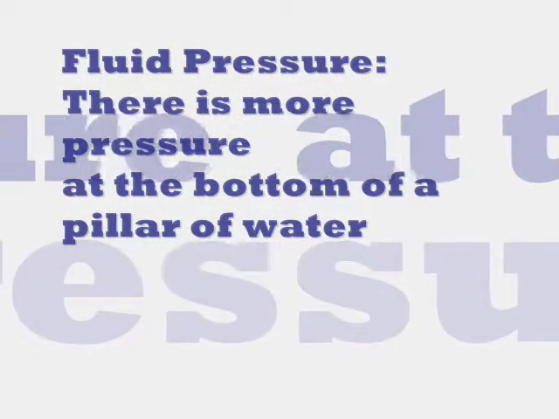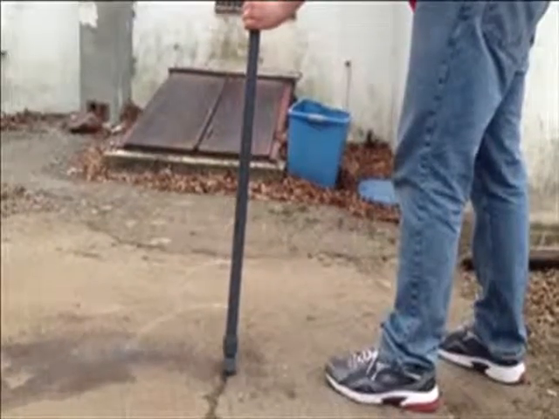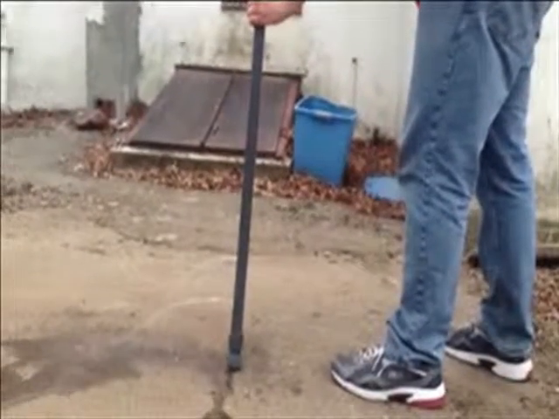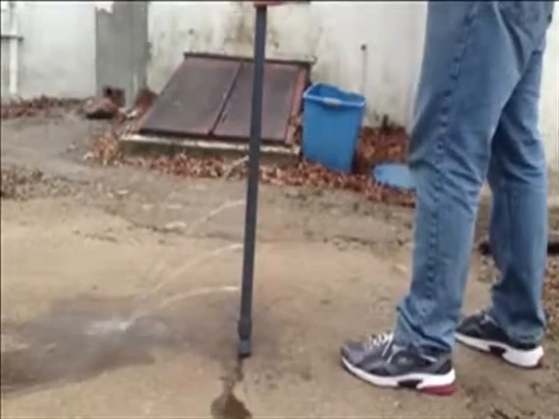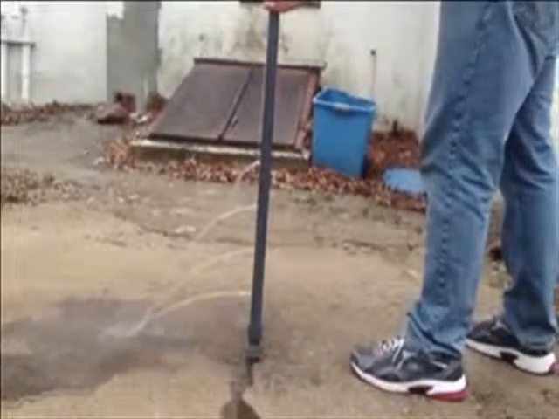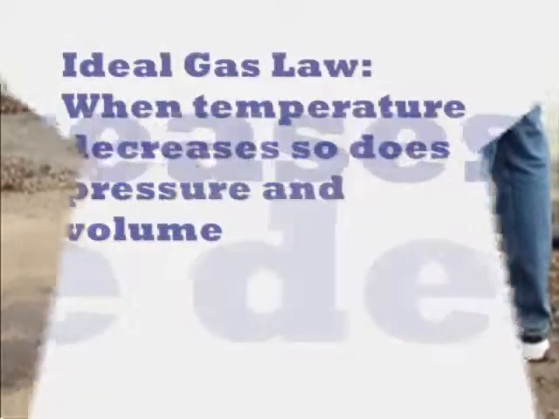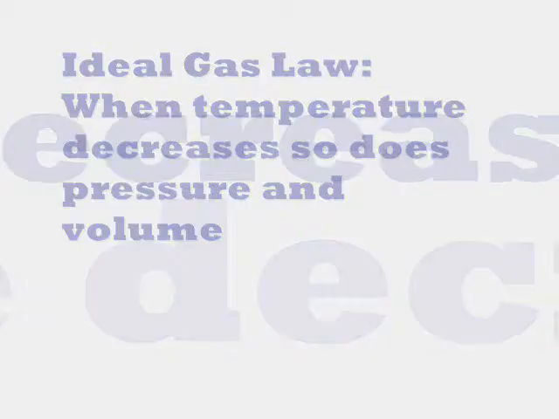Fluid pressure, there is more pressure at the bottom of a pillar of water, or any other form of fluid. Ideal gas law. When temperature decreases, so does pressure and volume.